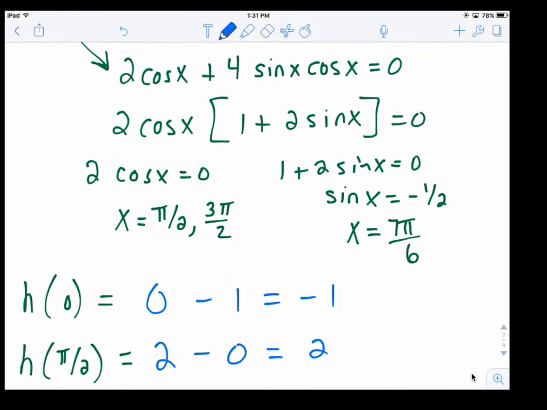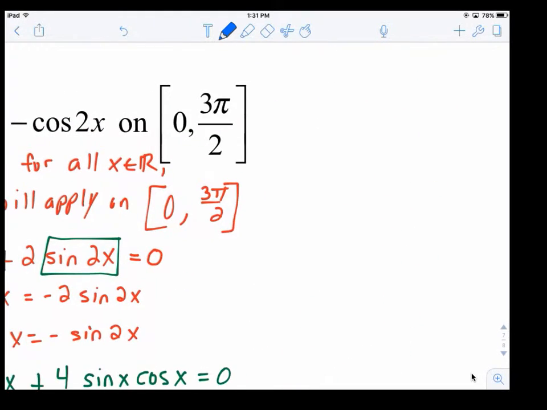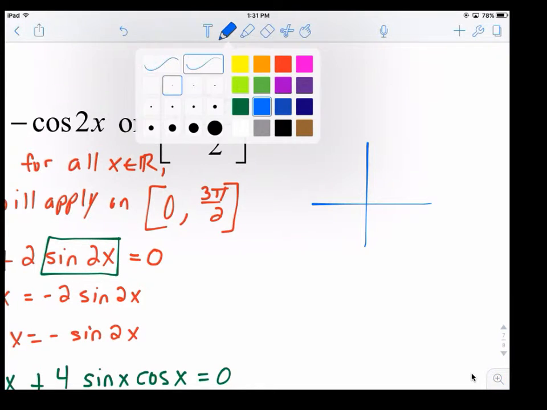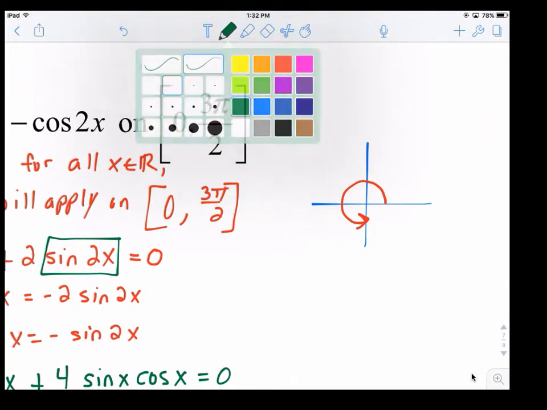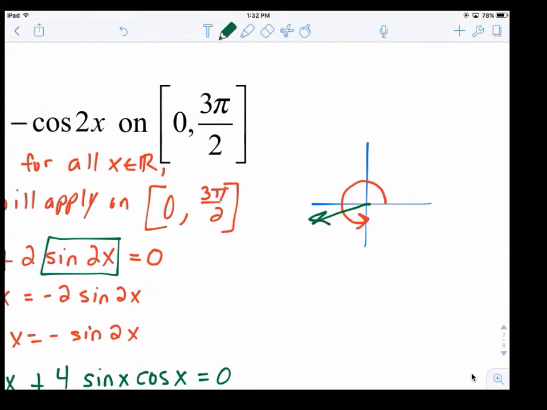Yeah, it's between 0 and 3 pi over 2. We're only looking at from here to here, and 7 pi over 6 is over here.